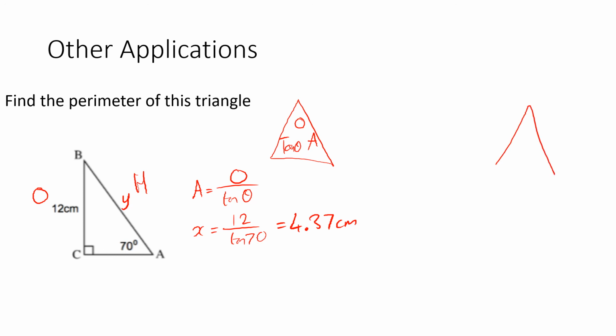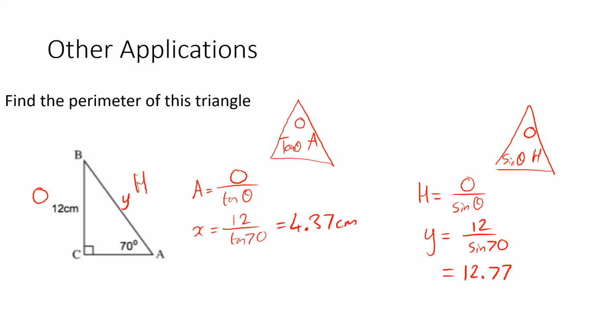So if I want to work out y, I'm going to have to use SO, sine theta, opposite over hypotenuse, trying to work out the hypotenuse. So that's going to be the opposite divided by sine theta. So y is equal to 12 over sine 70, which is 12.77. Now go back to the question.